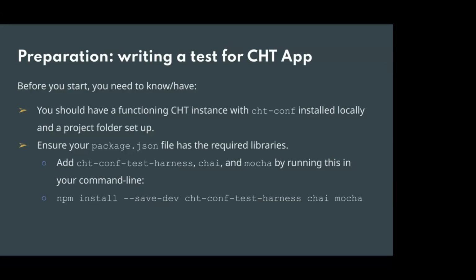To begin with, you need to have a functioning CHT instance with CHT-conf installed locally and the project folder also set up. And also, you need to make sure that your package.json file has some required dependencies that are needed for the harness to be run.